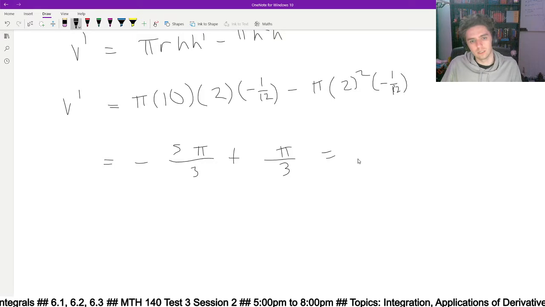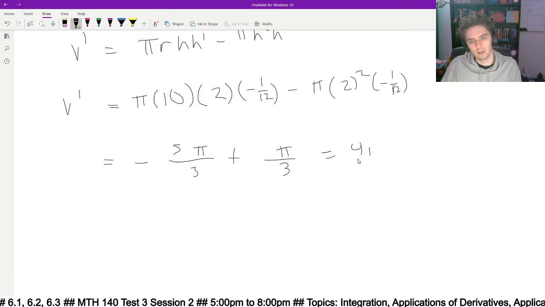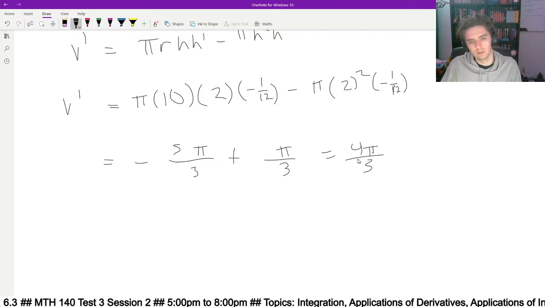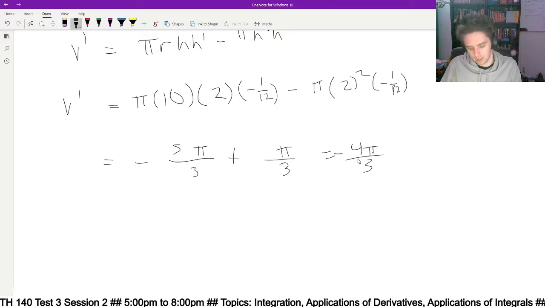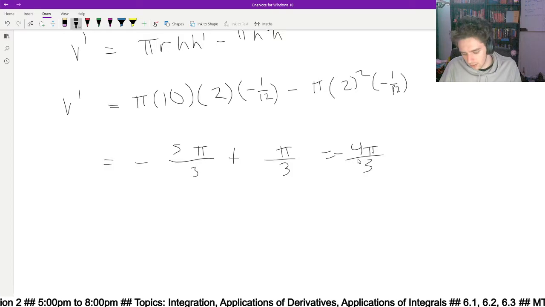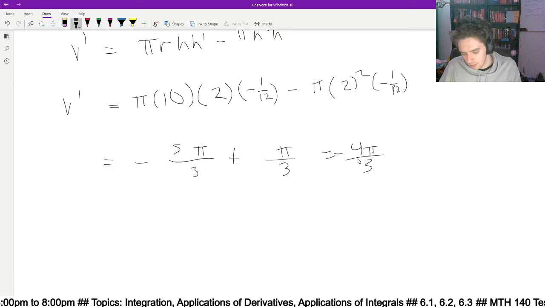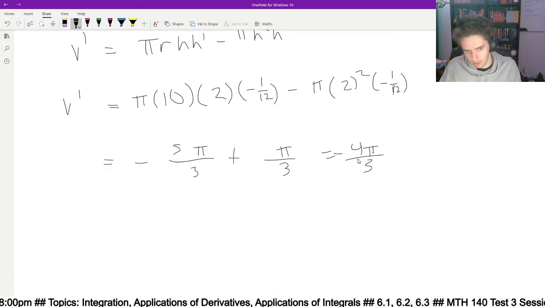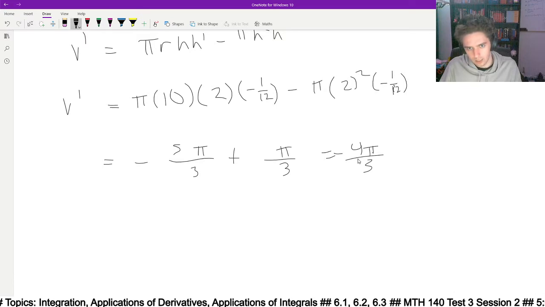Right, so this is going to be 4 pi over 3. Or negative 4 pi over 3. Sorry, negative 4 pi over 3. And somehow I lost the 2. 20.